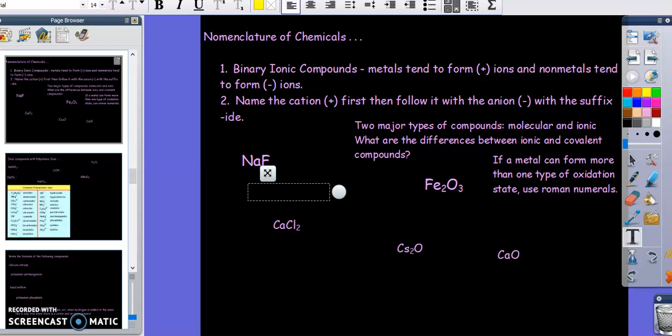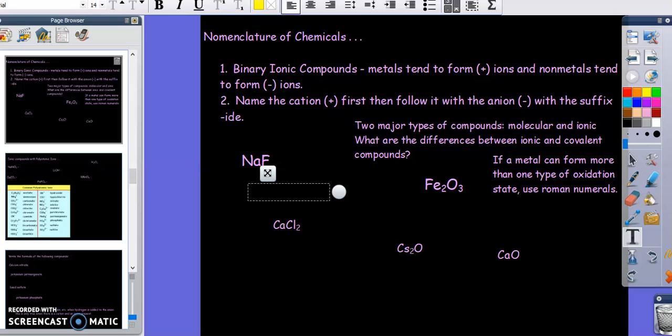But I'm backing this up just a little bit, and we're going to talk about binary ionic compounds. These were the first group of compounds that you learned to name, and we said that the metals tend to form positive ions, called cations, and nonmetals tend to form negative ions, called anions. So cations are positive and anions are negative.